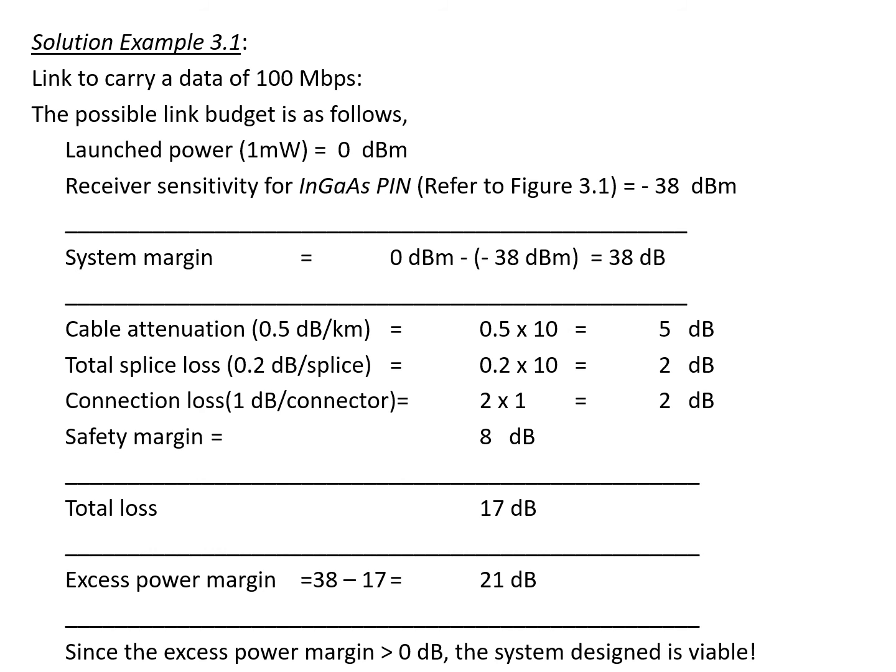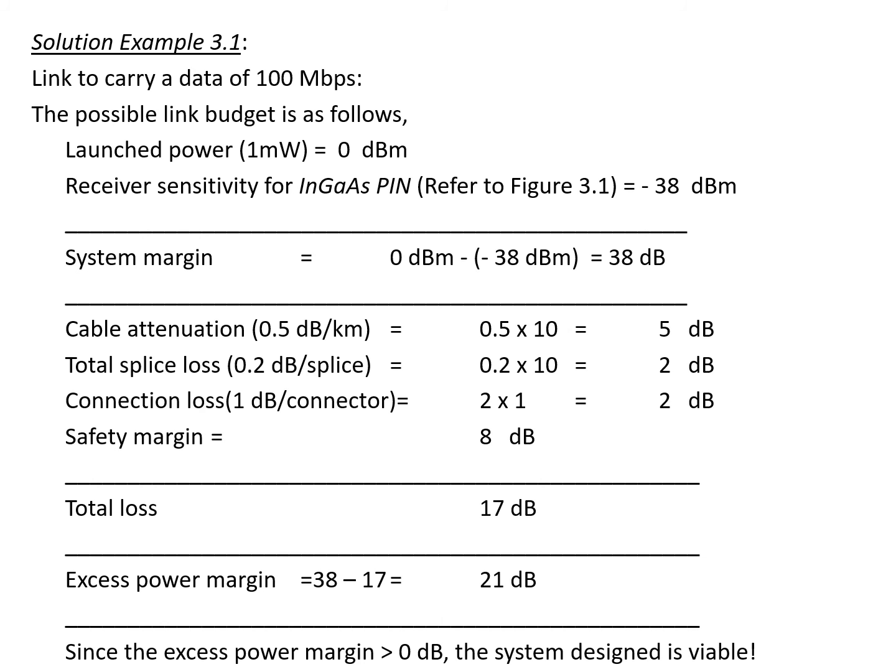To carry 100 megabits per second data, the receiver sensitivity for indium gallium arsenide PIN is equal to negative 38 dBm. To determine the receiver sensitivity, you may refer to figure 3.1. From here, the system margin is equal to 38 dB.